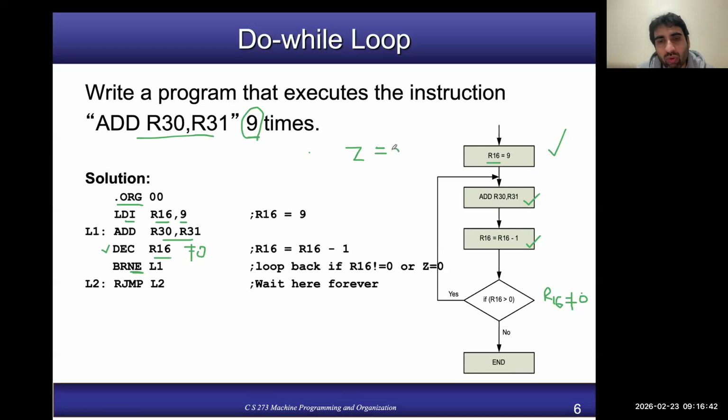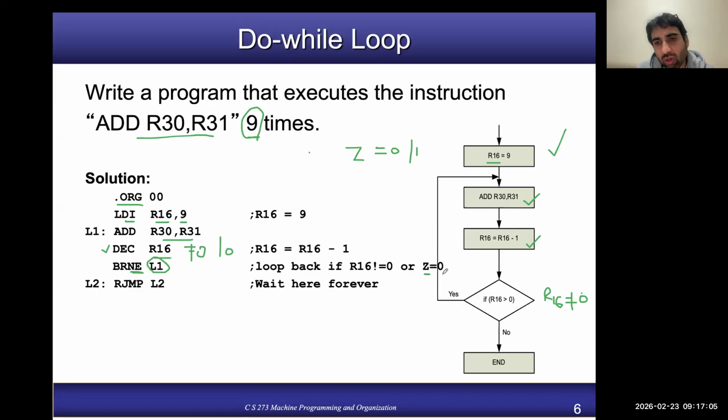But when you keep decrementing and finally it becomes 0, then the Z flag will be set equal to 1. So when you say branch not equal, this instruction will branch to the label L1 when your Z flag is equal to 0.